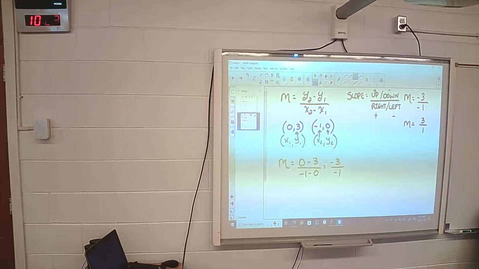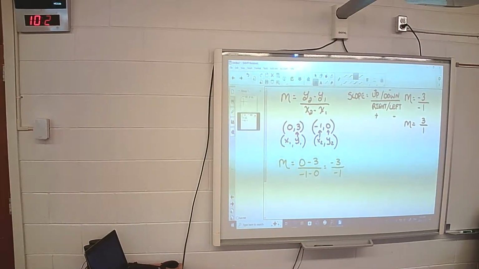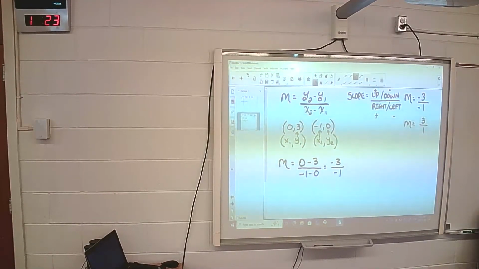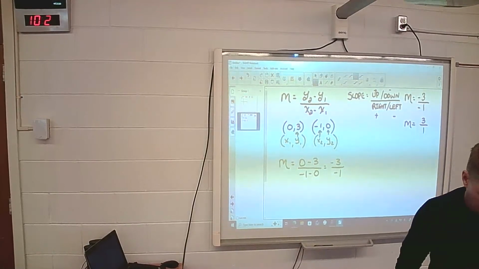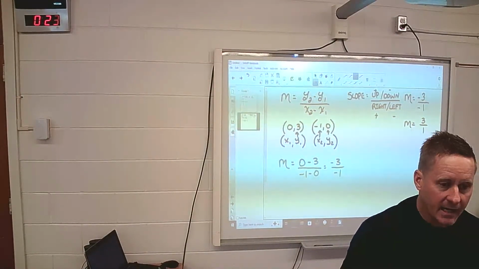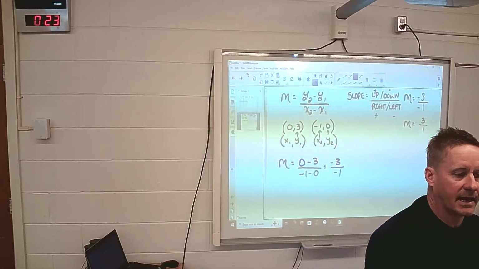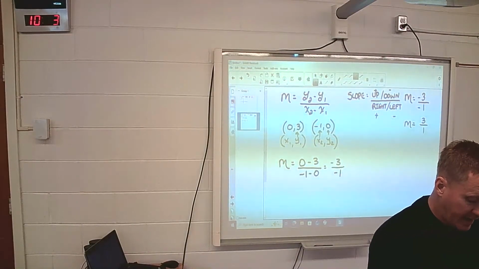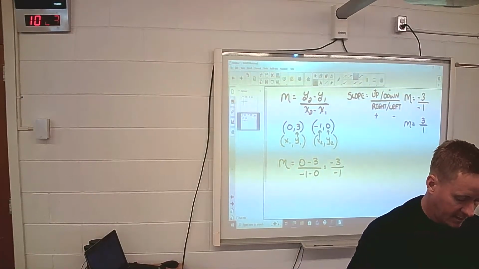Increasing means that when x is getting larger, y is also getting larger. So it moves up this way. That's a positive slope. Secondly, a negative slope means that when x is getting larger, y is getting smaller. You can see that on the second graph.